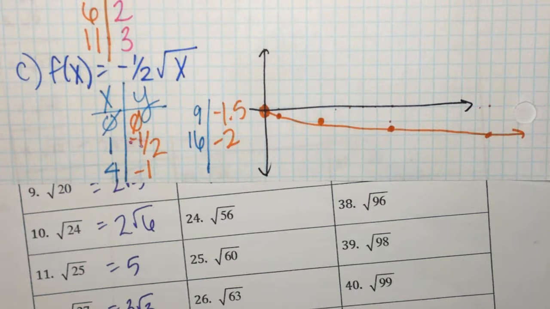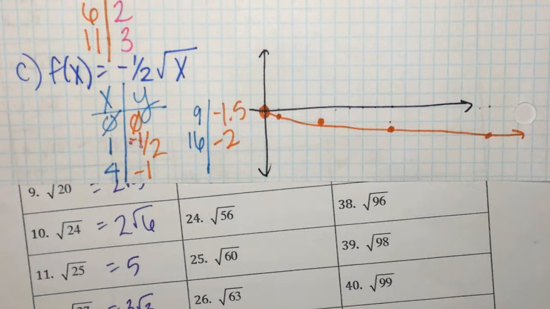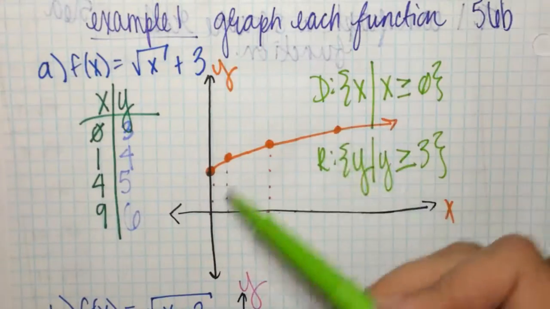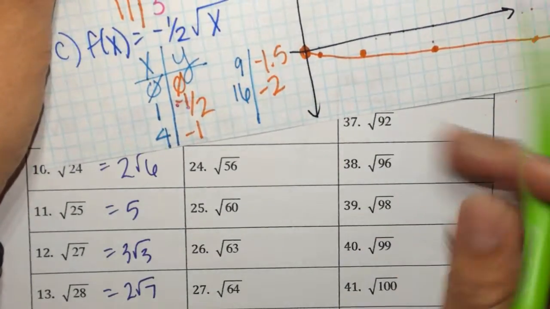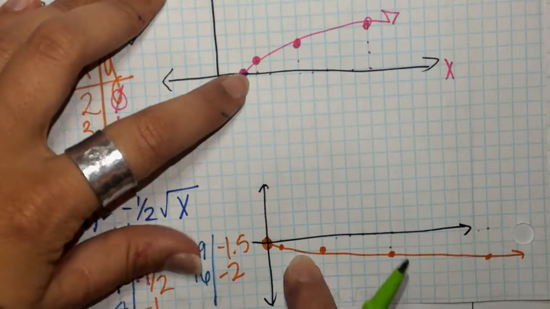So it does the opposite of what it did with parabolas, right? Now let's talk about domain and range. We got flatter. Closer to the x-axis. Why do you say flatter? Because it was like this, where it went up more, and now it's closer to the x-axis. See the difference between these two?